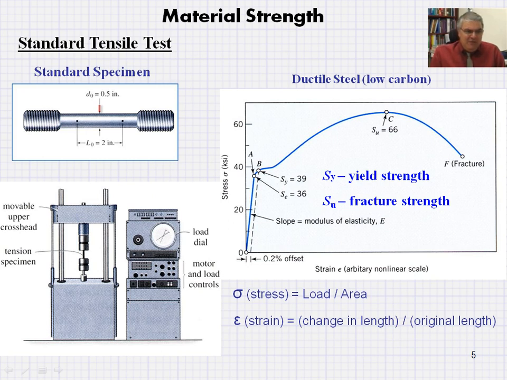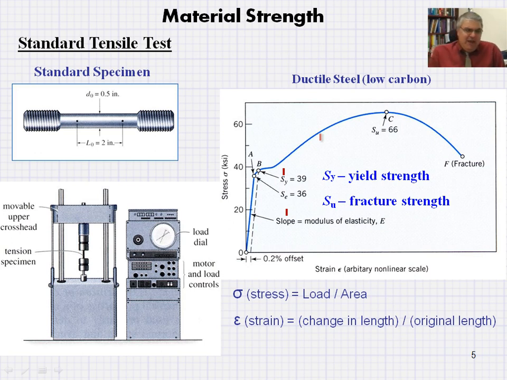Much information can be extracted from a stress strain diagram, including the yield strength, including the slope of the diagram in the elastic range, which gives us the modulus of elasticity. In the inelastic range, of course, the slope is constantly changing, and we can calculate the modulus using the slope at a particular point on that curve.